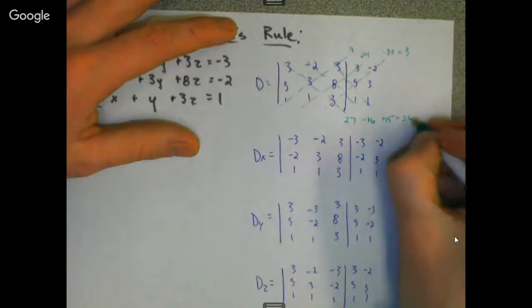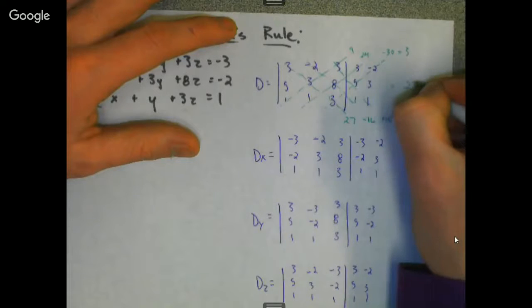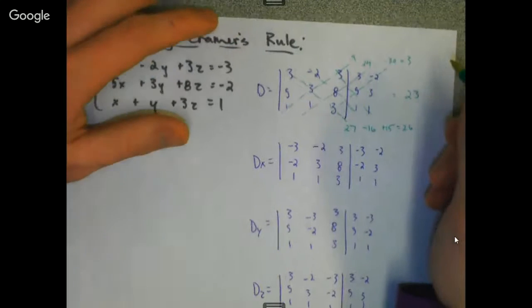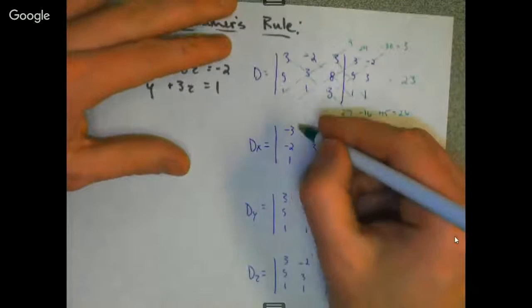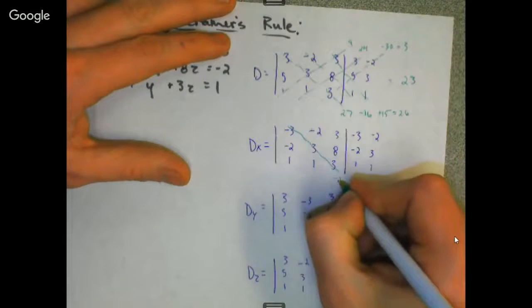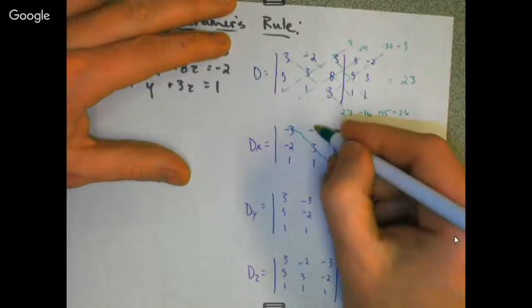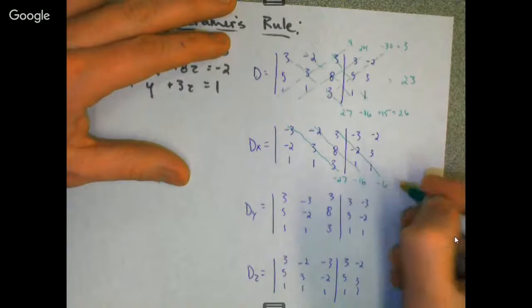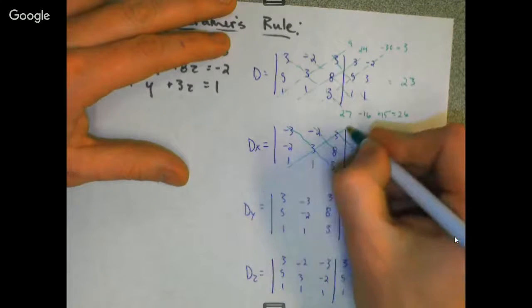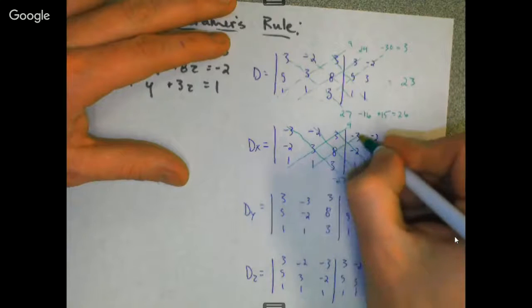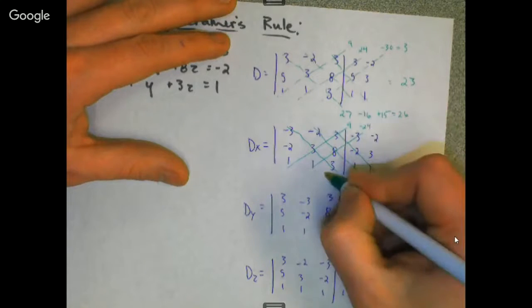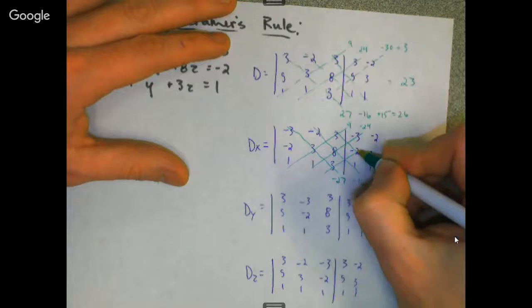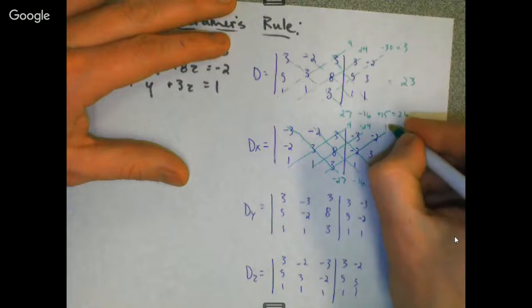So you get 26 minus 3 is 23. Go in here. That's minus 27, minus 16, minus 6. 9, negative 24, 12.